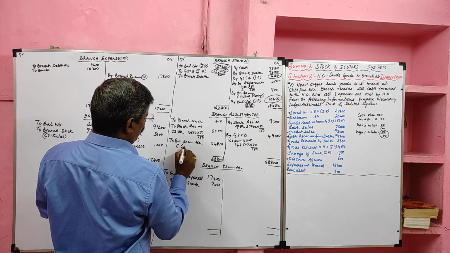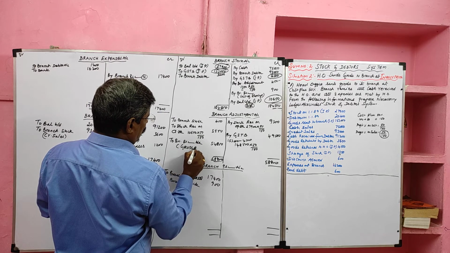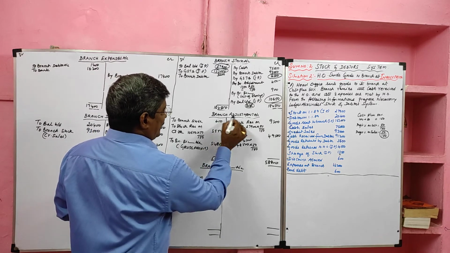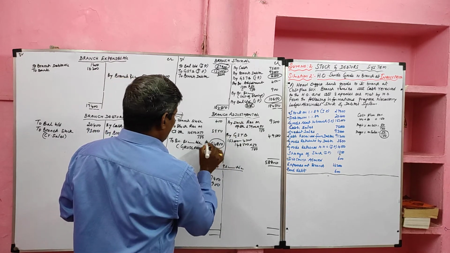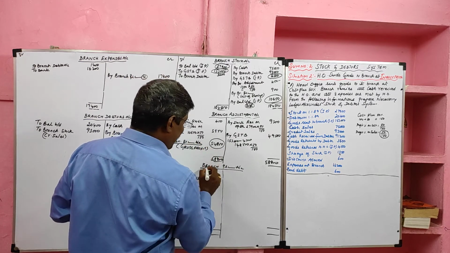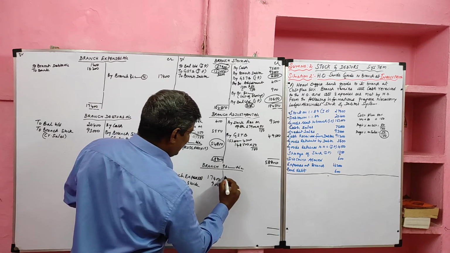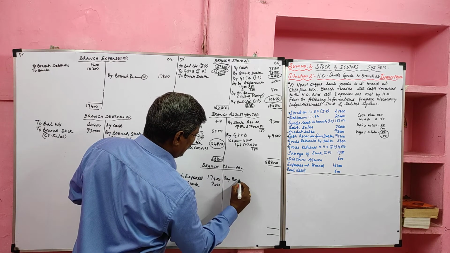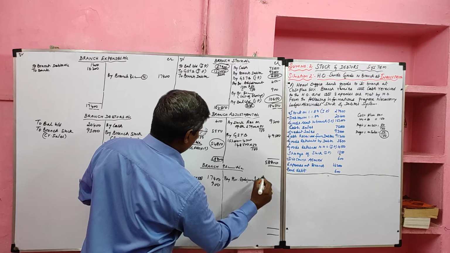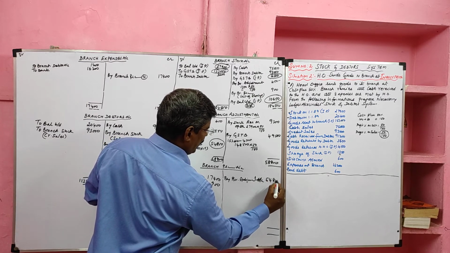This we called gross profit. So in branch adjustment account, the balancing figure is transferred to the branch profit and loss account. It is recorded in the debit side. In branch profit and loss account, it should be credited as by branch adjustment account, value 54,800.